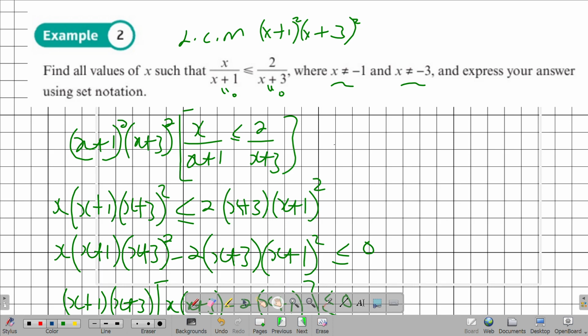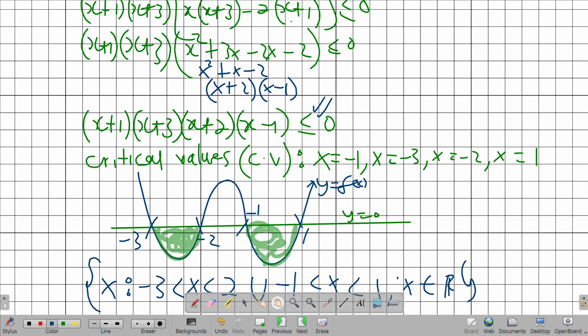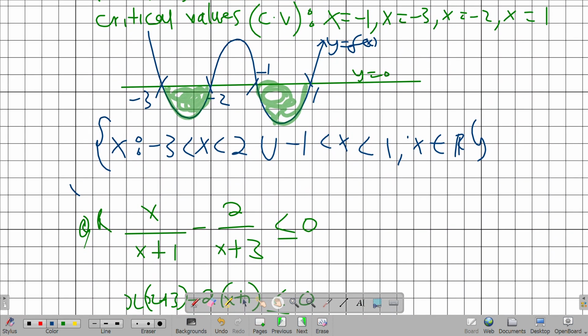So I'm going to have to be mindful of those conditions. So x is minus 1 and x is minus 3 are the only times this doesn't work. So I'm going to say at minus 3 it remains that x has to be strictly greater than that, but it can be greater than or equal to minus 2. At minus 1 again it has to be the same, but at 1 it perfectly extends. This is the final answer. Alright.